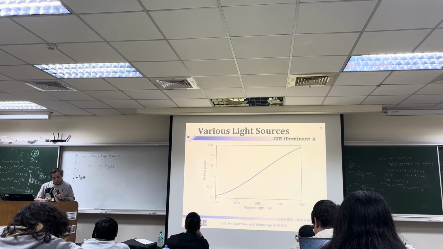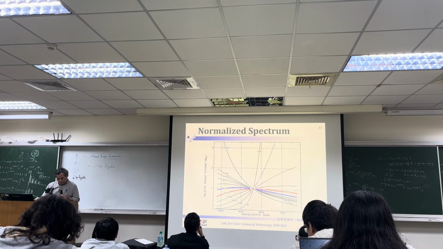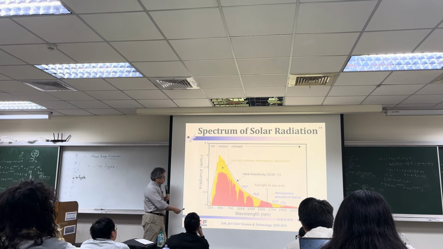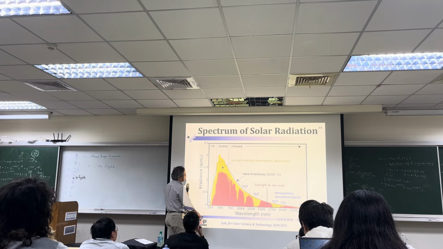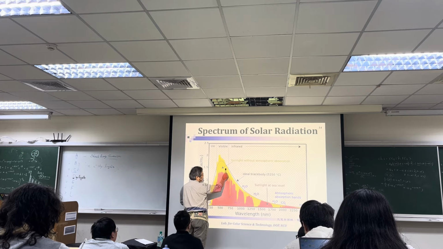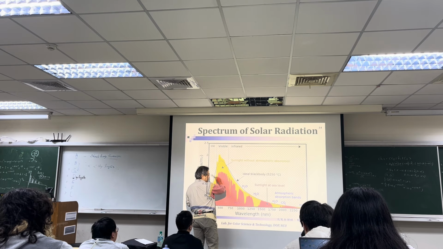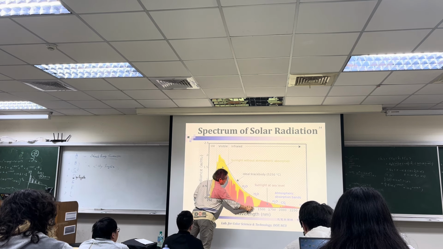So when we see it on the ground, our daylight spectrum has lots of discontinuity. The black body radiation from the sun has a smooth spectrum, but when it passes through the atmosphere, the gases absorb different spatial wavelengths.